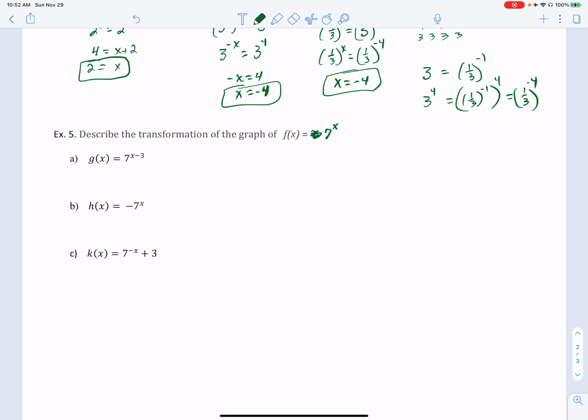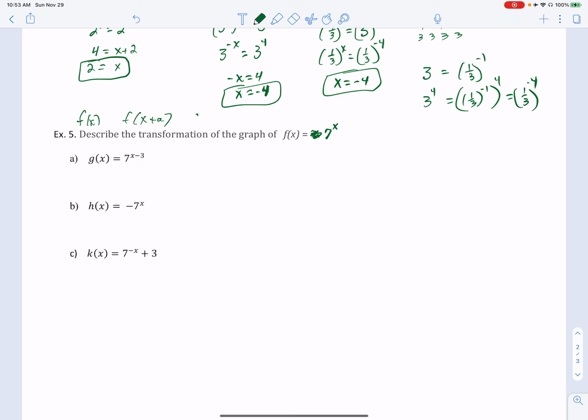If you remember some of your transformations, if you have f of x and you replace it with, say, f of x plus a, that function is going to be moving to the left a units or the right a units, depending on the sign of a. If a is positive, then it's going to be moving to the left a units. Those kinds of things.